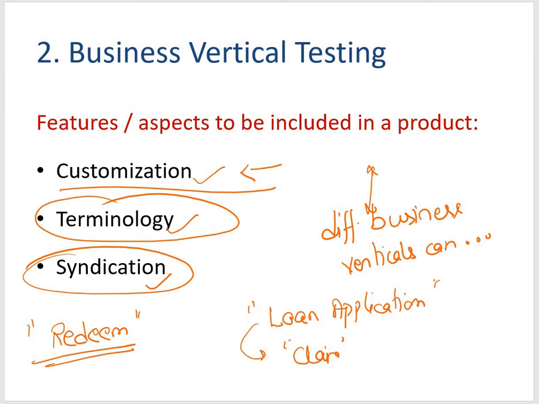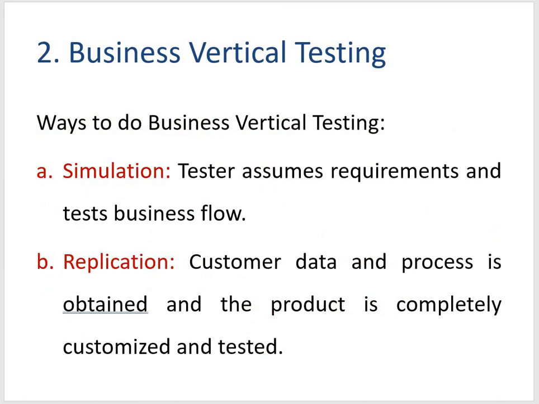In that case, in business vertical testing, I also need to test the functionality of that particular part, and whether it is in sync with the entire business and your business logics plus the business domain. So that particular part is also included and tested, right? So syndication, whatever I am including, that should be a part of it, that should be tested. Anything and everything which is a part of my software product should be tested properly.